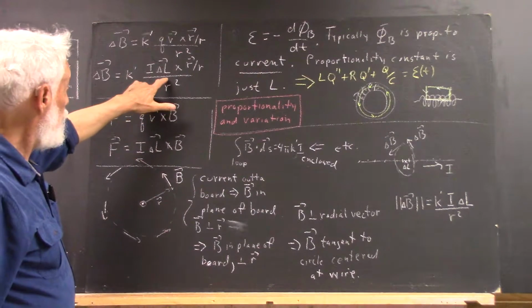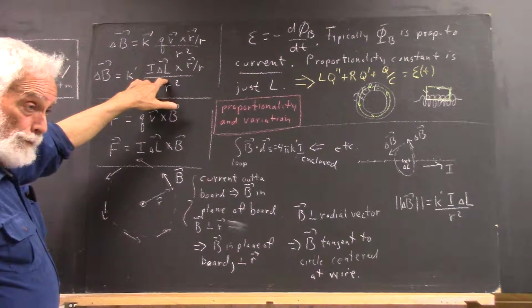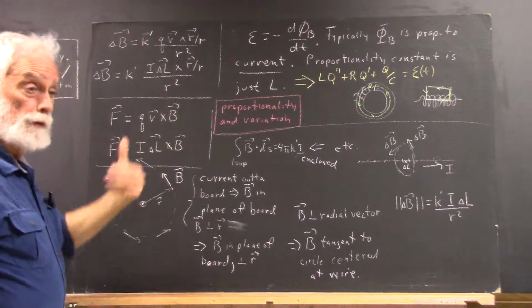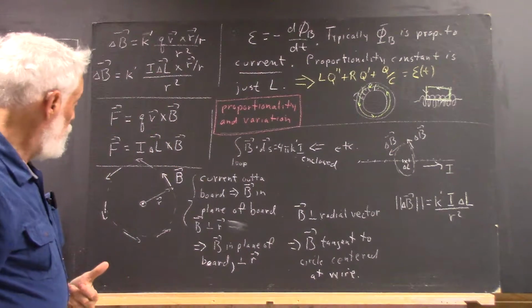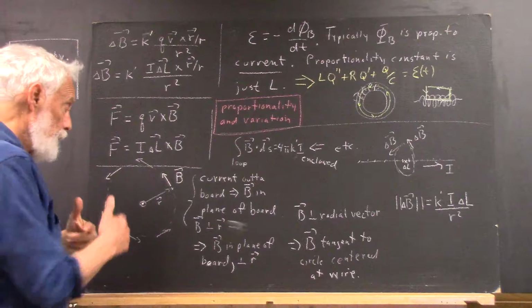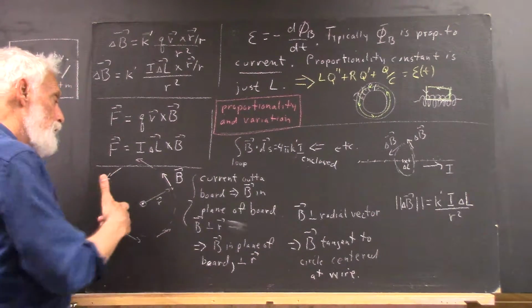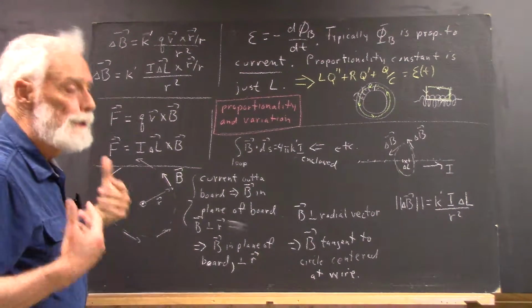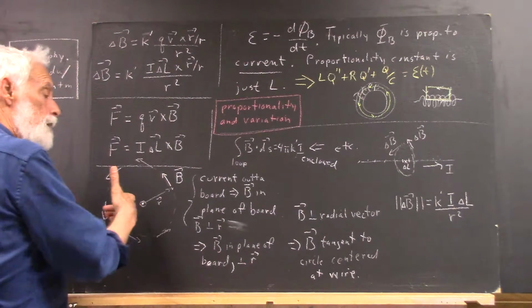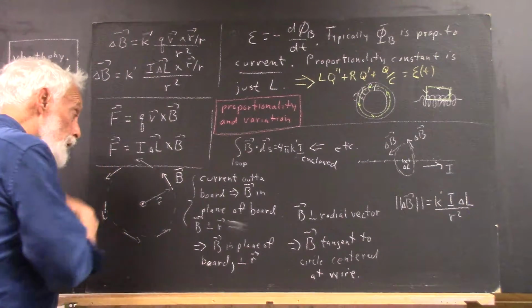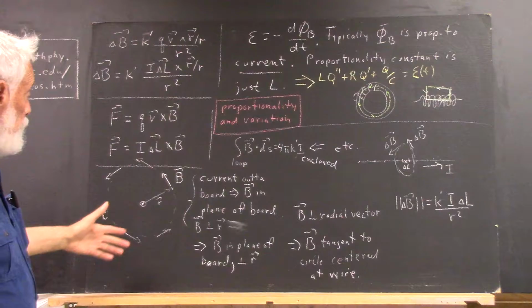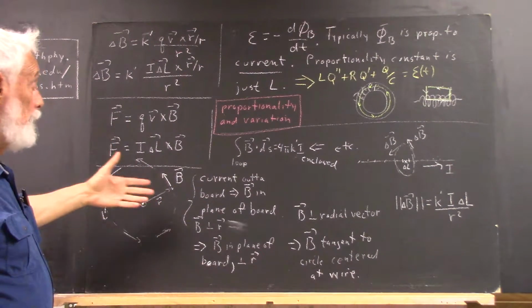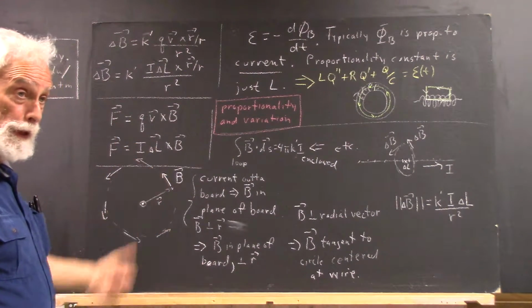So any cross product involving I delta L is going to have to be perpendicular to I delta L. Whether I is going this way or this way, if the conductor is perpendicular to the blackboard, then the magnetic field is going to have to be in the plane of the blackboard.